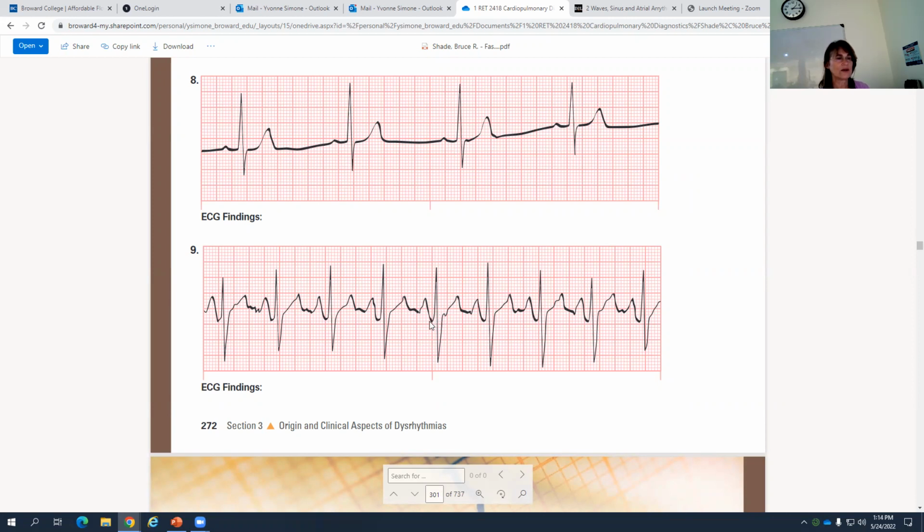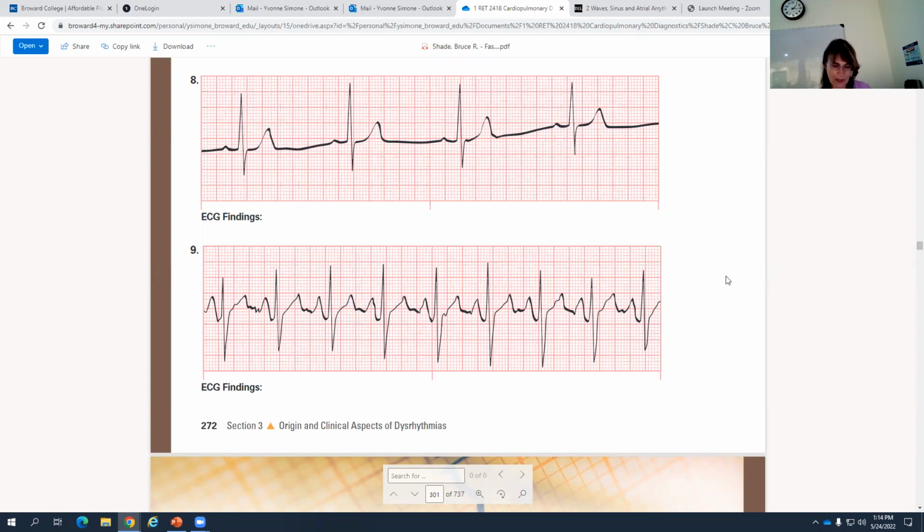So you begin here and you count to, I guess this is baseline right here, like 2 boxes. 2 boxes, okay. So what rhythm is that? Yes, very good. Normal sinus rhythm. Everything's normal.